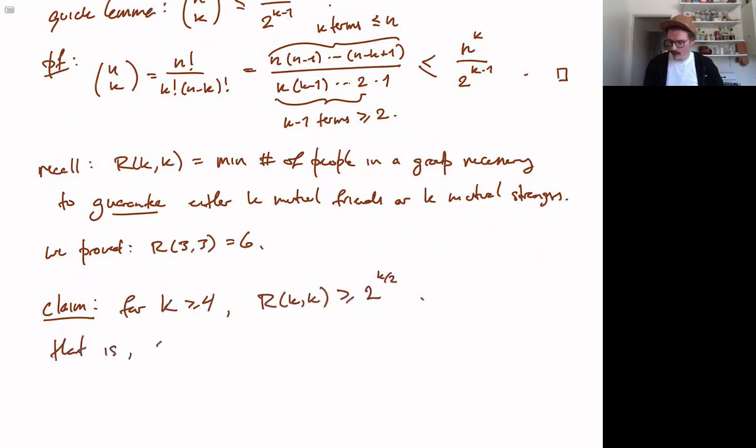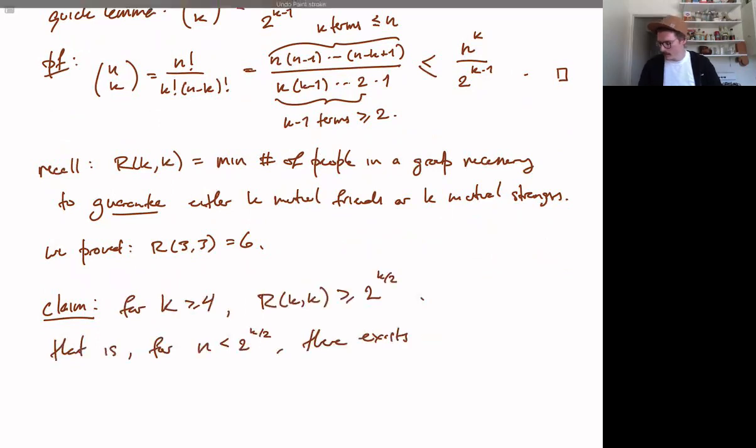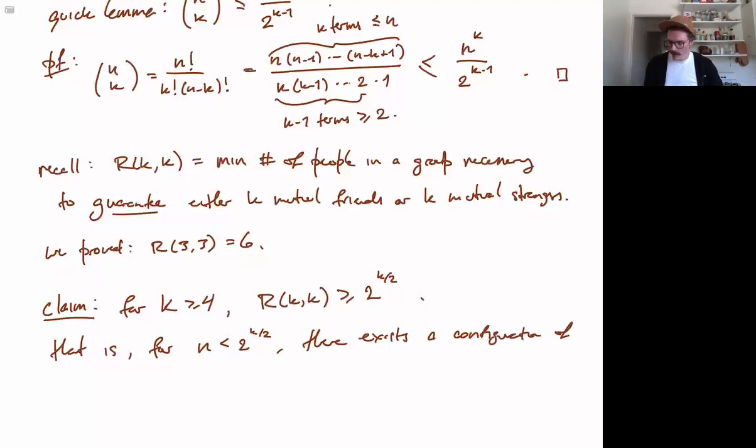That is, for n less than 2 to the k over 2, there exists a configuration of n people with neither k mutual friends nor k mutual strangers.